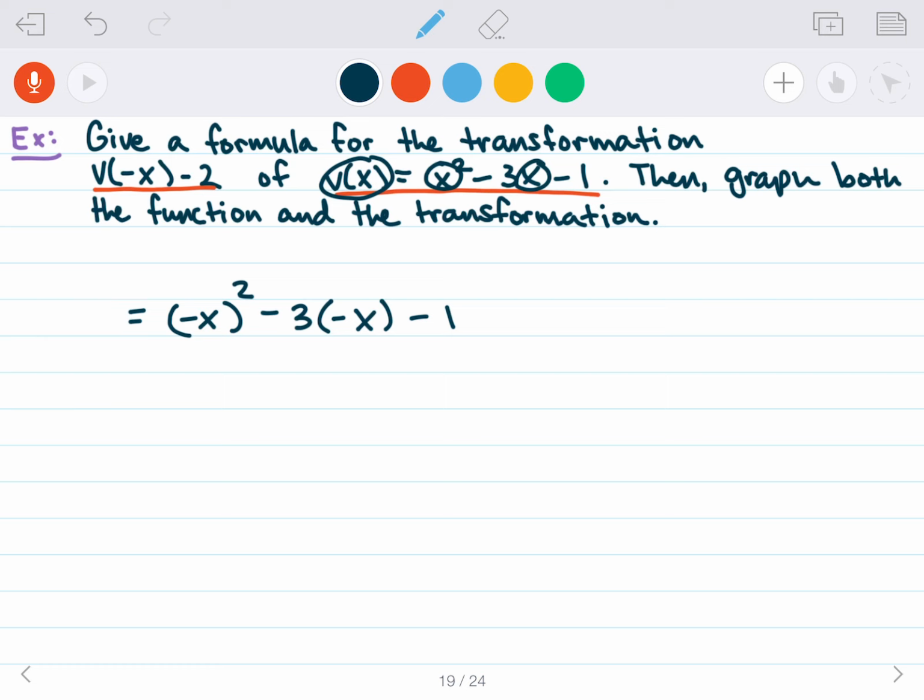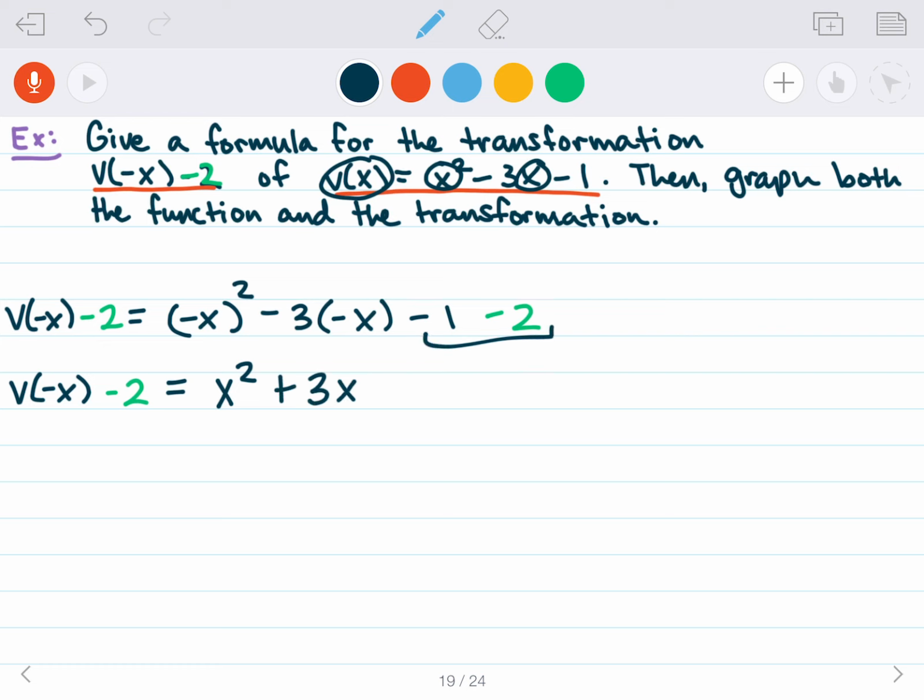So let me actually write that out here because we have this minus 2 up here. So that's minus 2 on the outside. And then I can simplify this. (-x) squared is the same thing as positive x squared, right? (-1) squared is positive 1. -3 times -x is a positive 3x.